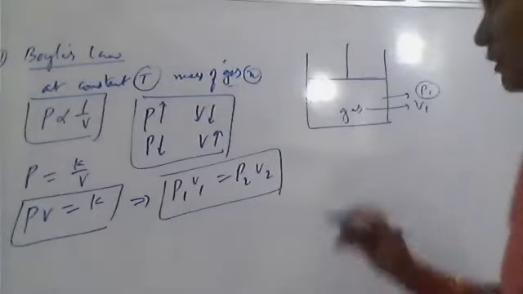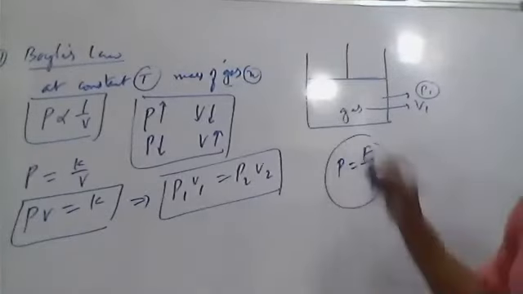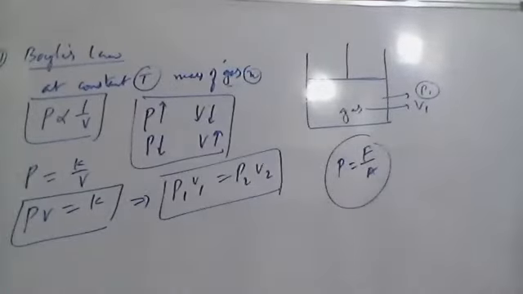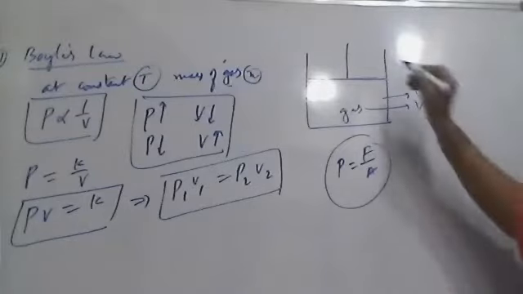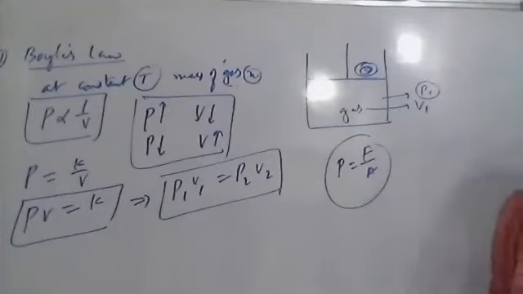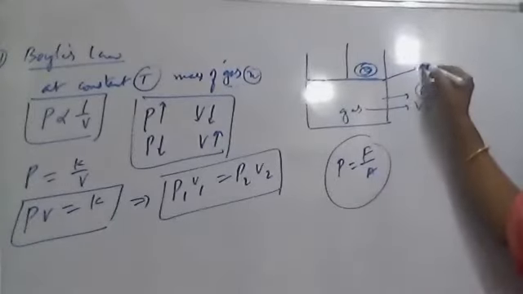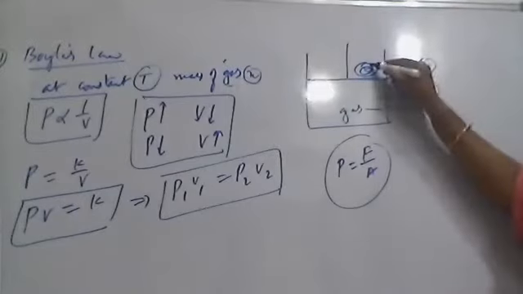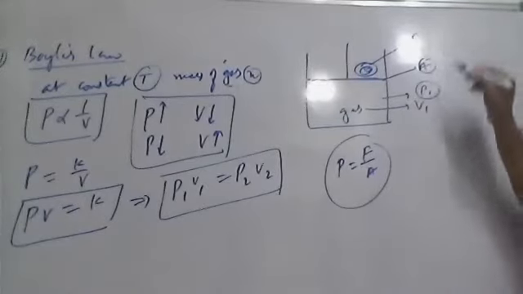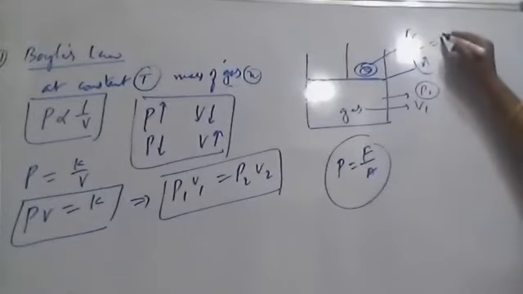You know that pressure is force per area. So suppose you put some weights on this cap or lid. The lid offers the surface area and the weight offers the force. So this force per area is the additional pressure.